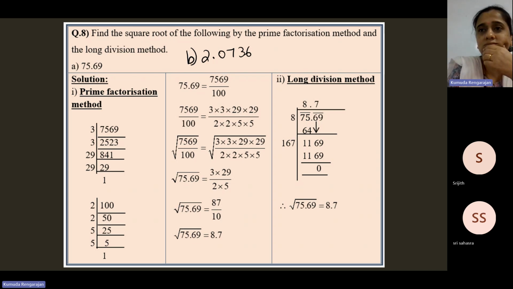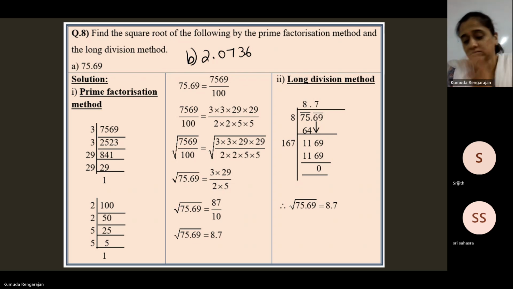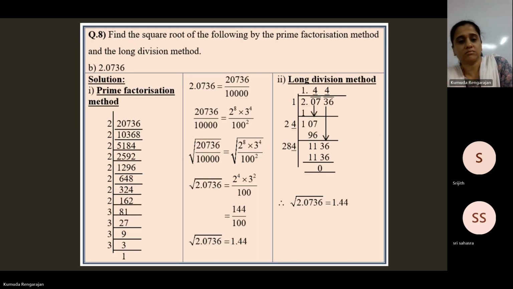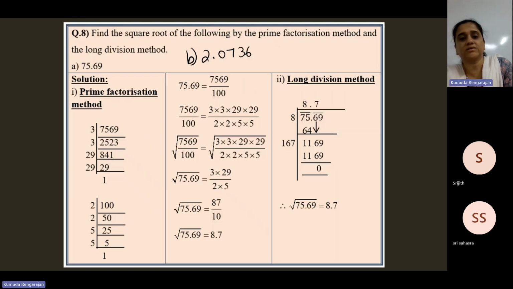Tell me like that. How many 2's you have? Very good. Correct.